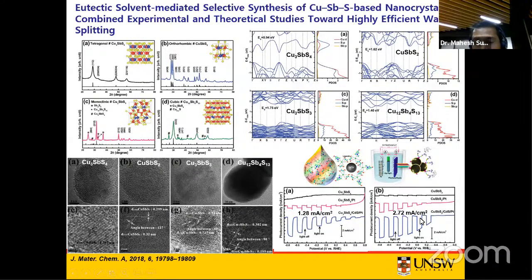Of course, the difference in the current density in these two photocathodes is that CuSbS2 showed slightly higher photocurrent density compared to Cu3SbS4 because of its optimal bandgap energy of about 1.62 electron volt, which might absorb most of the visible light energy.